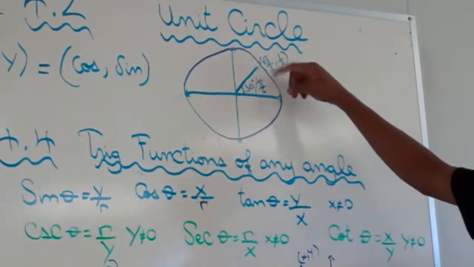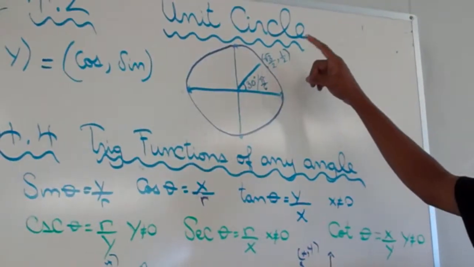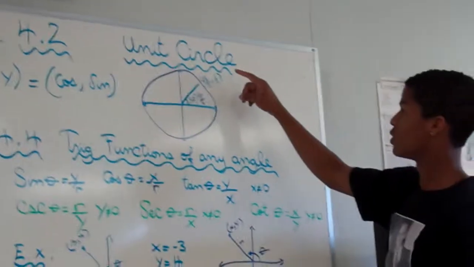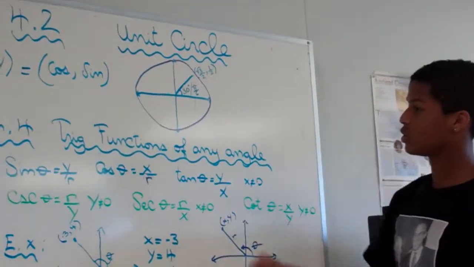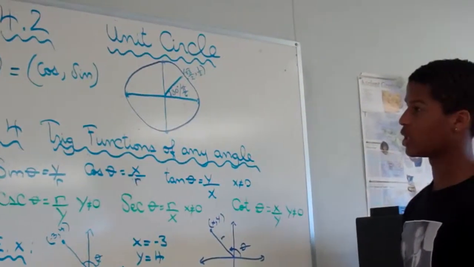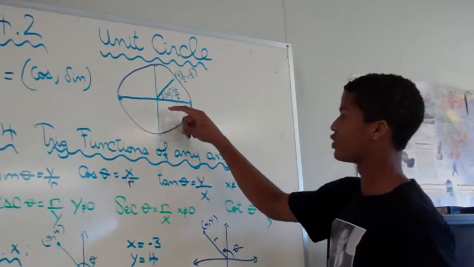And so this is the point, square root of 3 over 2 and 1 over 2, which is also x and y. And it goes for any angle.